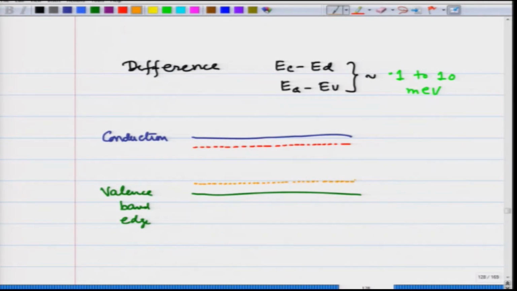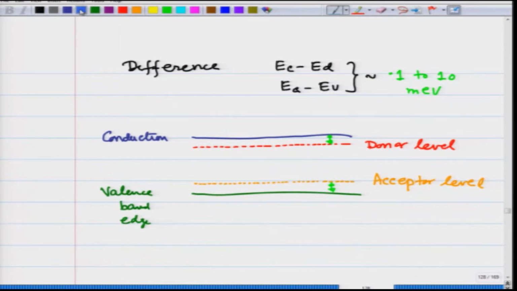So, this I am going to call acceptor level and I am going to call this donor level. They are much smaller, these gaps out here or out here are much smaller than the intrinsic band gap.